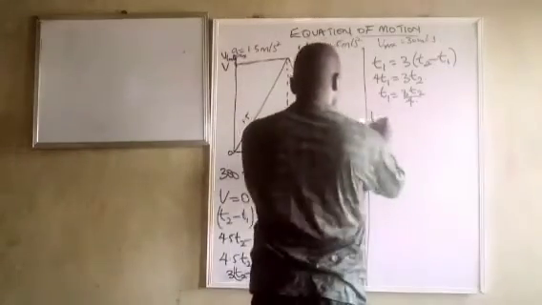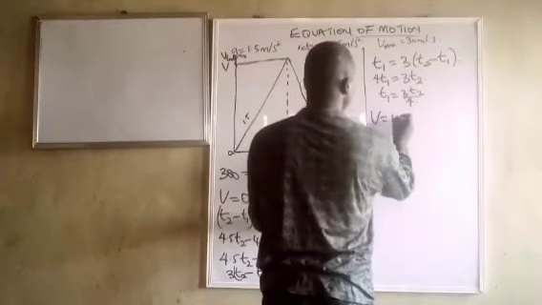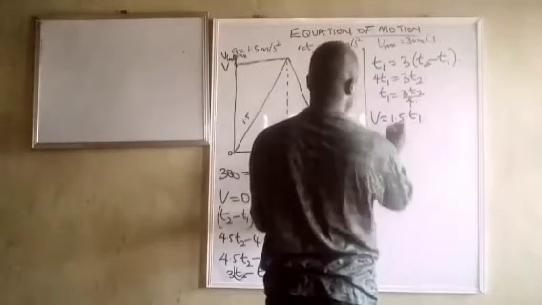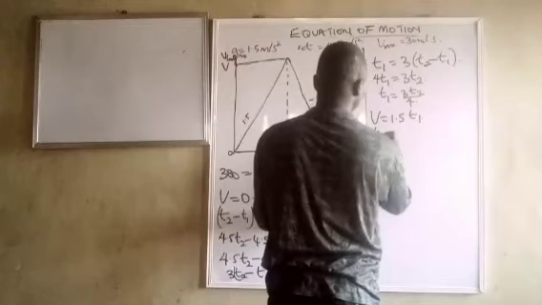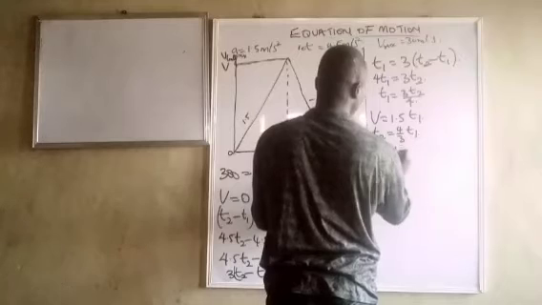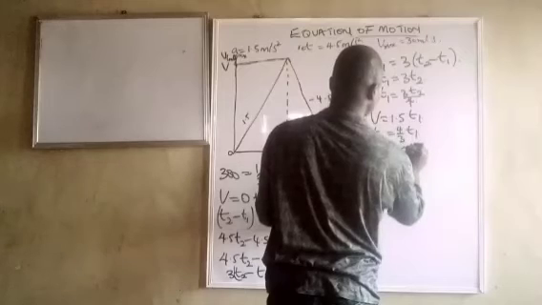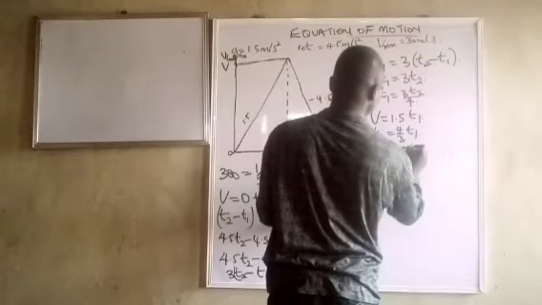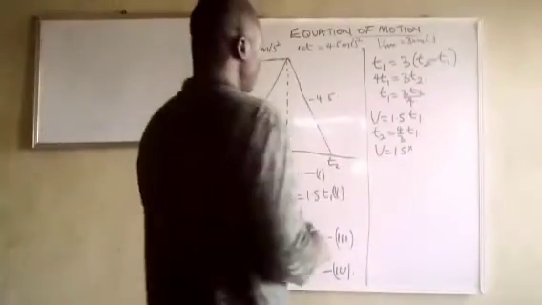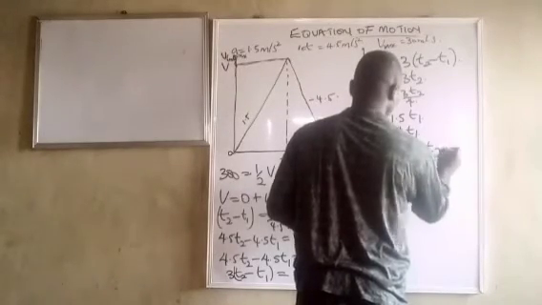Now our V will be equal to 1.5 T1, and T2 is equal to 4 over 3 T1. So V is equal to 1.5 times 3 over 4 T2.